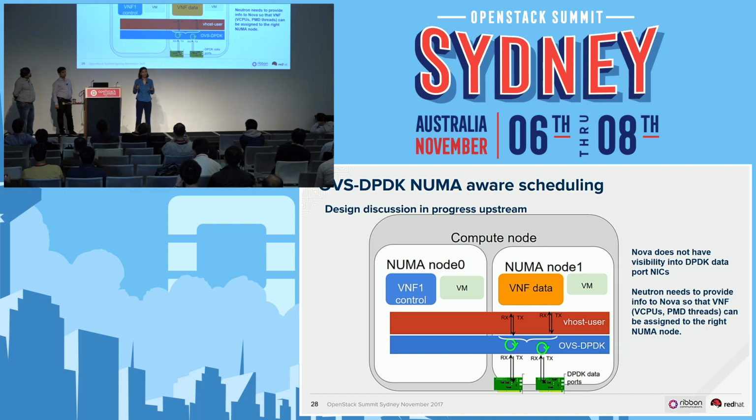But Nova is unaware of which NUMA node has the DPDK ports and needs Neutron to provide this information, because it's not a PCI device anymore like SRIOV. It's hidden behind a vSwitch. Nova then needs this extra bit of metadata from Neutron telling it where to put the PMD threads and the vCPUs needed for this VNF on the right NUMA node.